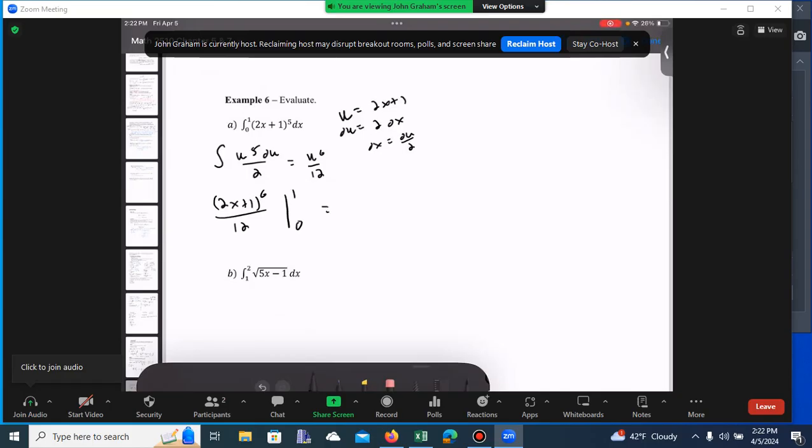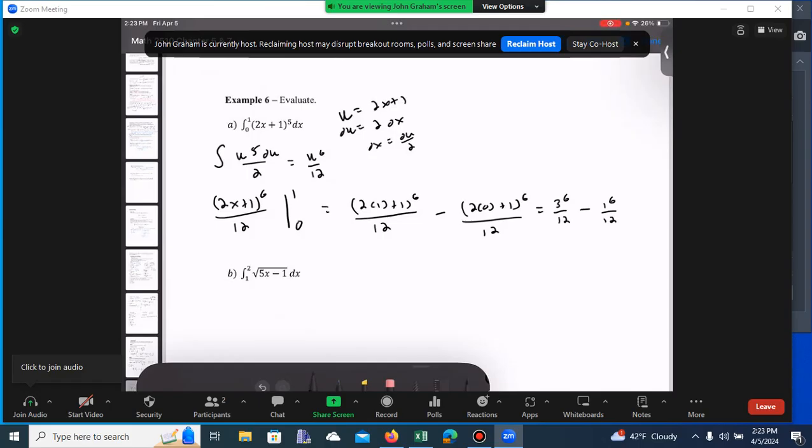We plug in 1, we get 2 times 1 plus 1 to the 6th over 12, minus 2 times 0 plus 1 to the 6th over 12. So 2 times 1 is 2 plus 1 is 3, so 3 to the 6th over 12, minus 1 to the 6th over 12.